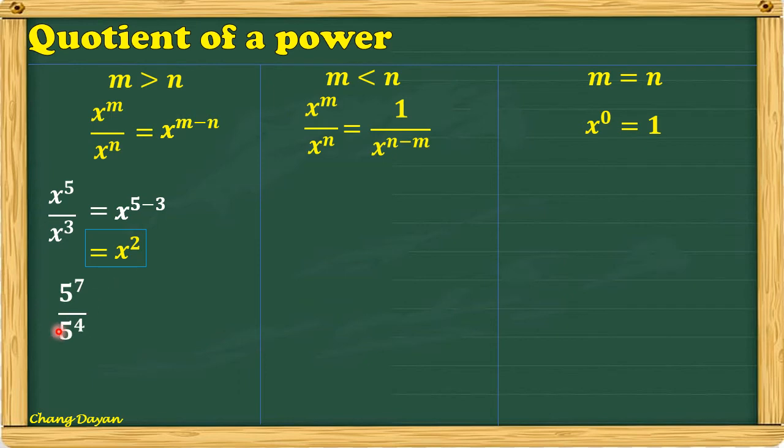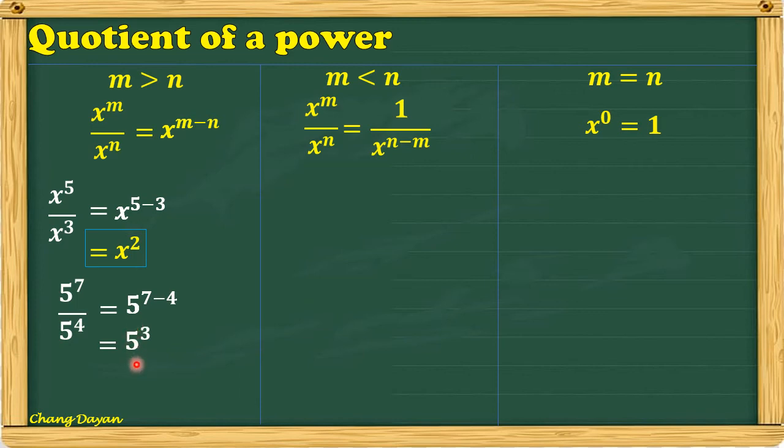Next, 5 raised to 7 power all over 5 raised to the 4th power. That is equal to, subtract ulit natin ang exponent ng numerator, which is 7, sa exponent ng denominator. So, we'll have 5 raised to 7 minus 4. And then, 7 minus 4 ay equal sa 3.